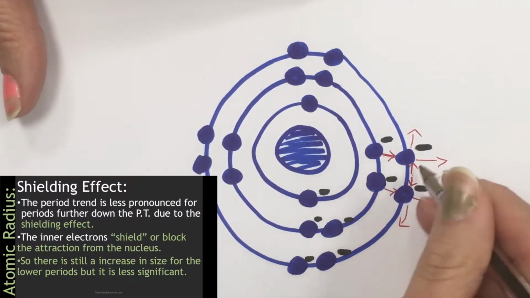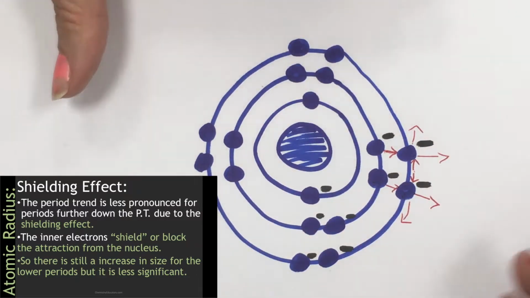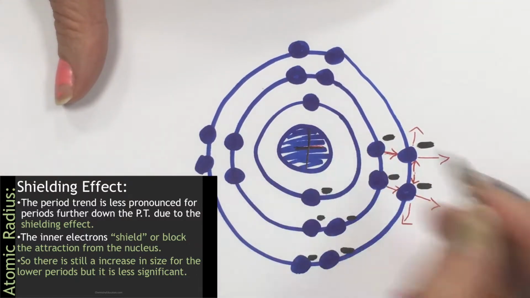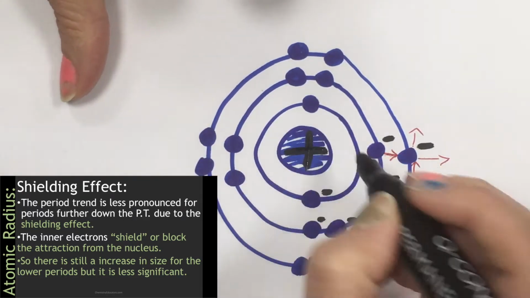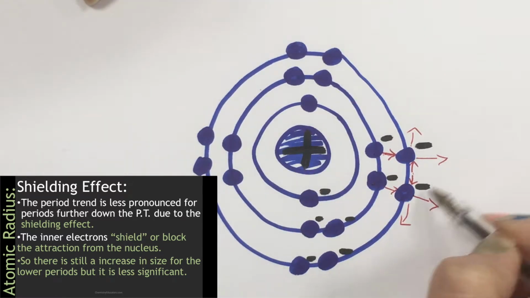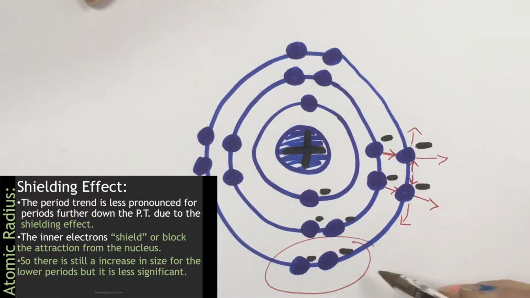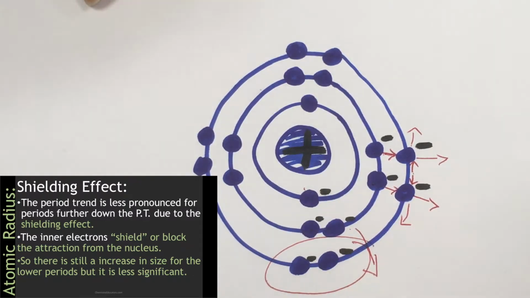All of these negative charges are pushing these electrons out. And then remember the middle is positively charged. So the effect of the protons isn't going to be as strong on the outer electrons as it would be if there were less of these charges pushing them out that way.